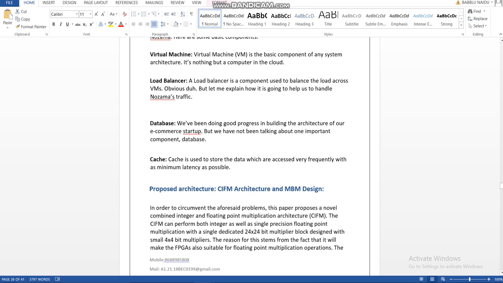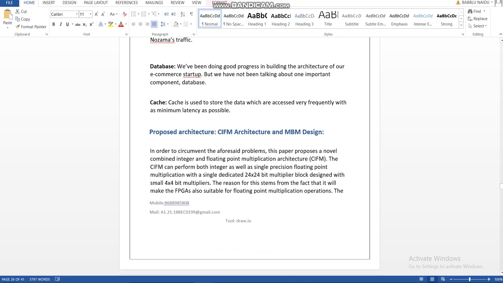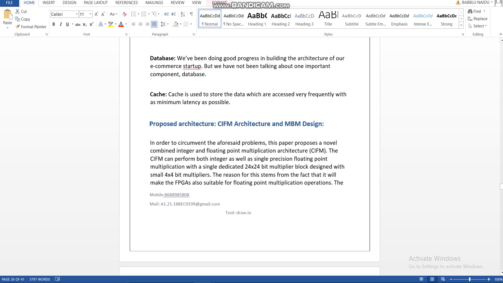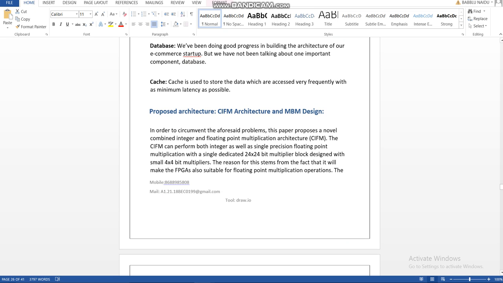Proposed architecture. In order to circumvent the opposite problems, the paper proposed a novel combined integer and floating point multiplier architecture, CIFM. The CIFM can perform both integer as well as single precision floating point multiplication with a single dedicated 24 by 24 bit multiplier block designed with small 4 by 4 bit multipliers.